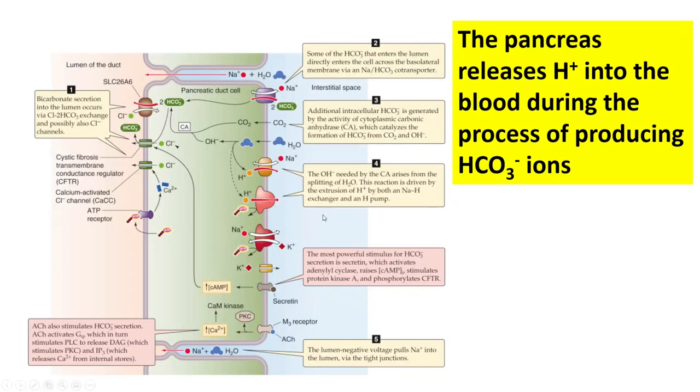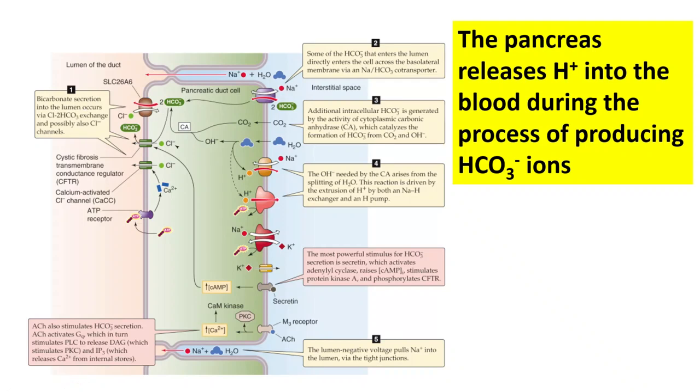And if you have a look, let's see what happens here. Carbon dioxide and water get taken into the pancreatic ductal cell. Good old carbonic anhydrase produces bicarbonate ions, which then exit into the duct, thus increasing bicarbonate ions in the duct. That's what we want the pancreas to do.